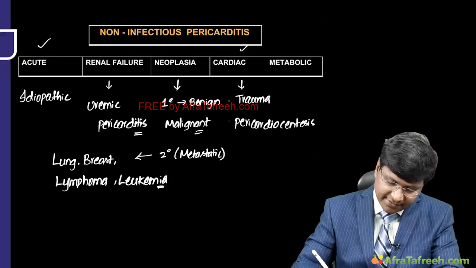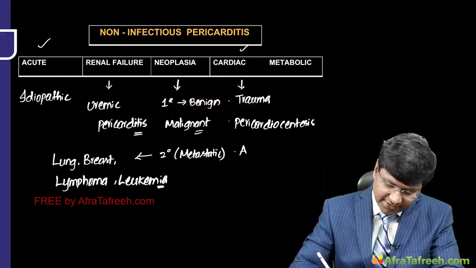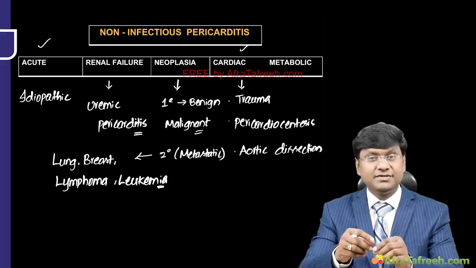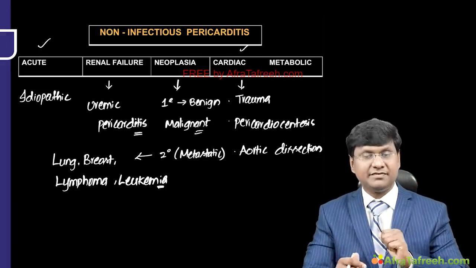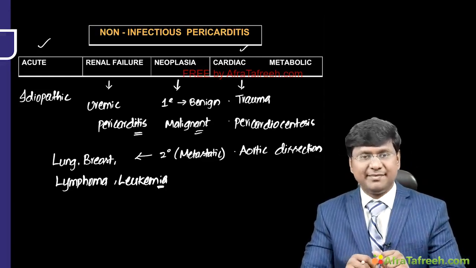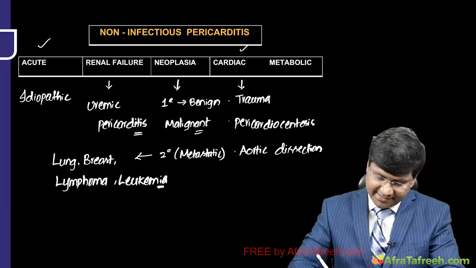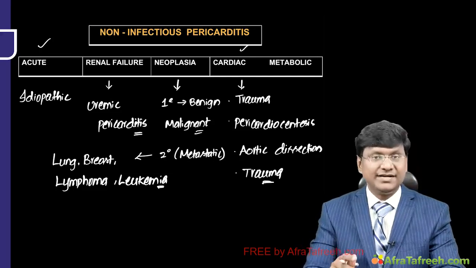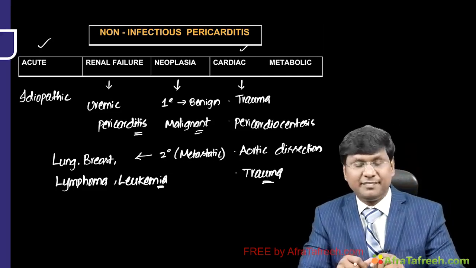Then the other cardiac causes include aortic dissection, where there is tearing of the aorta, where the individual will have severe tearing type of pain starting from the central part of the chest and radiating to the back, to the interscapular area. And the next important is trauma to the chest wall. So these are the cardiac causes for the development of pericarditis.